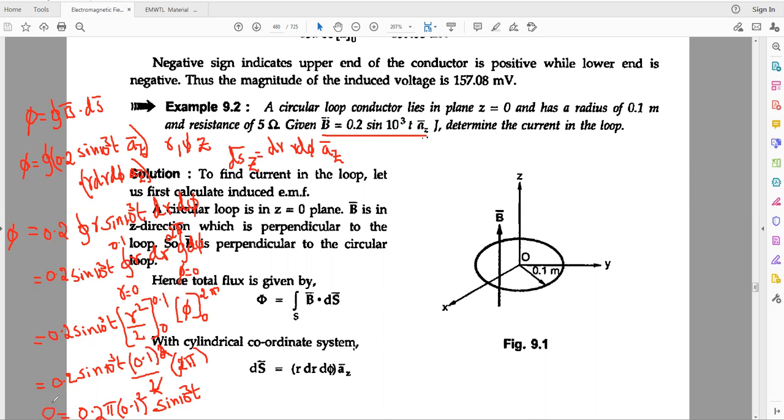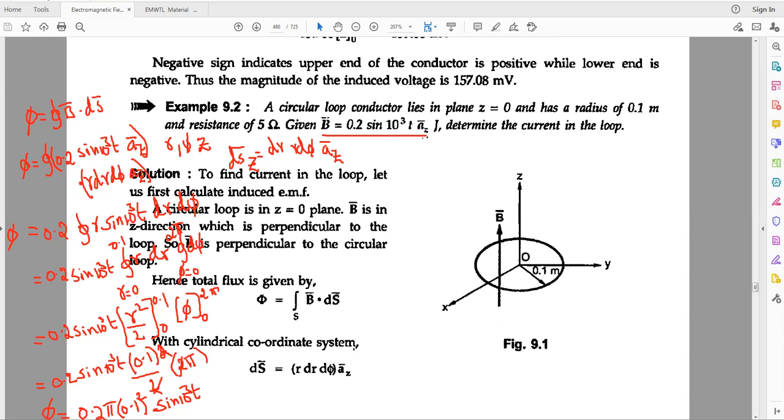So this is the value we got for the total flux phi. We can write it as 3.14 multiplied with 0.2 and 0.1 whole square, which is 0.01.